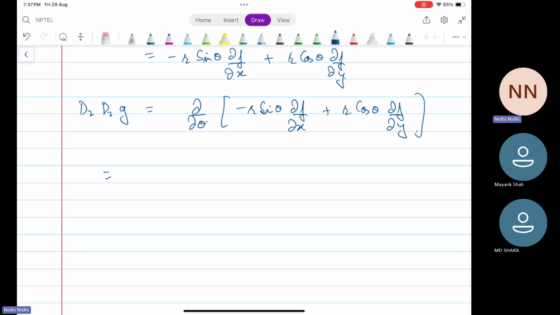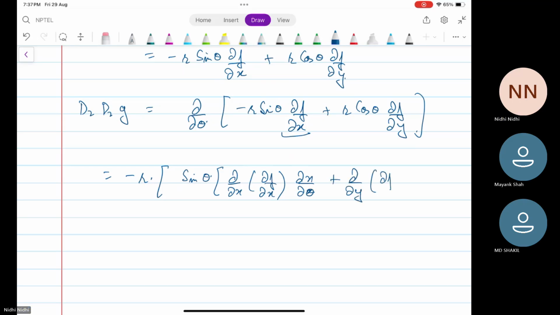This is equal to, we can take r outside. So, sine theta as it is. Now, we'll differentiate this with respect to theta. So, firstly, with respect to x, then x with respect to theta, then with respect to y, then y with respect to theta. Then del f by del x as it is, derivative of sine theta is cos theta.